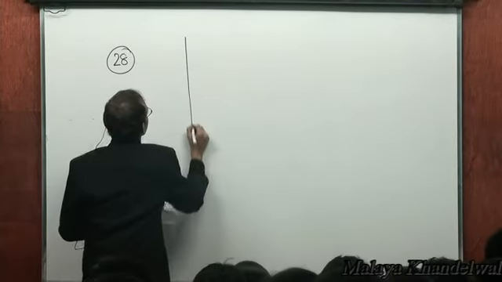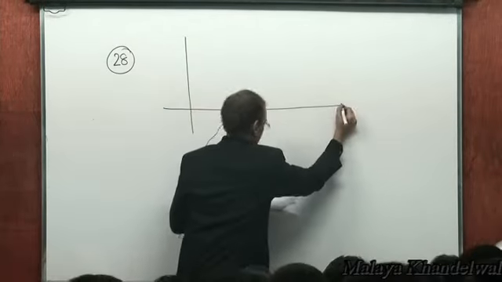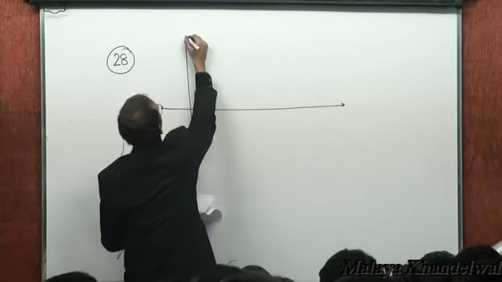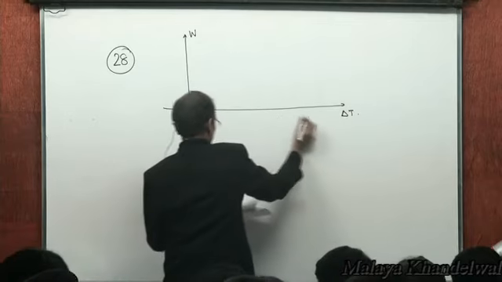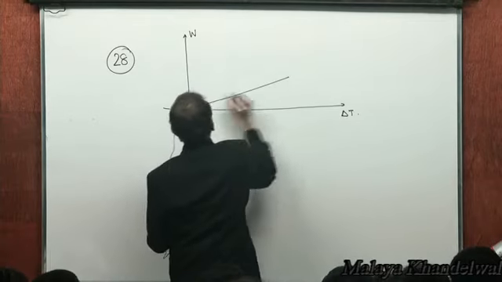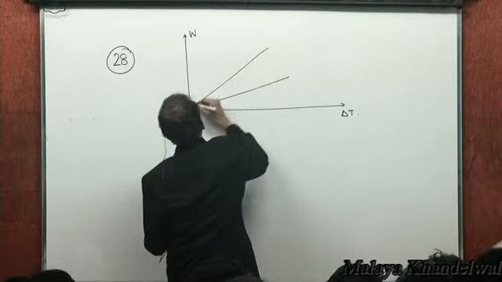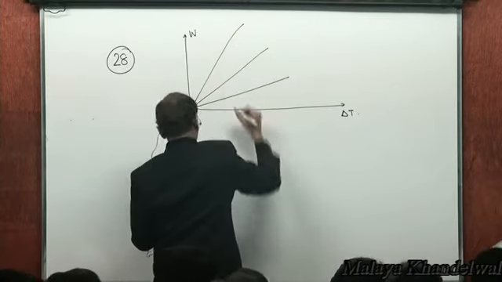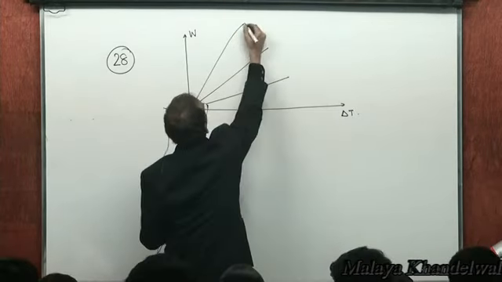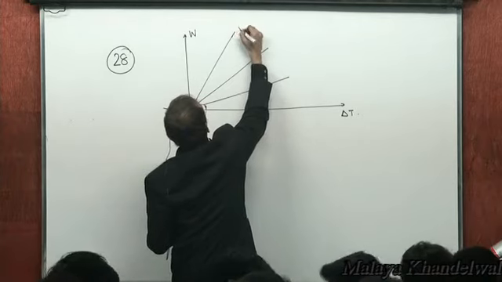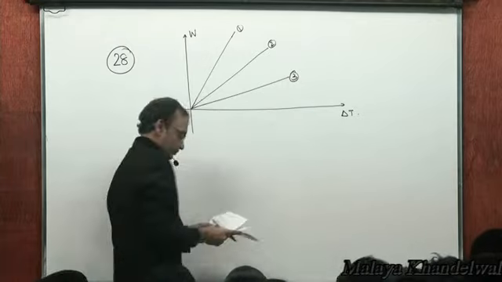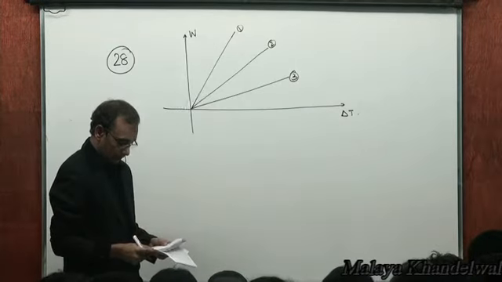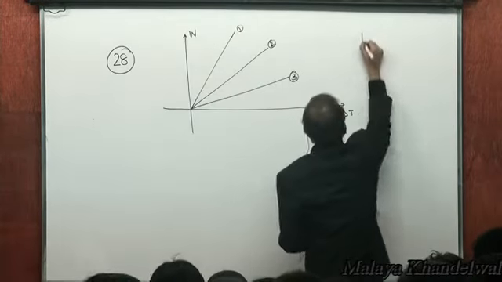What we have is a graph of work versus delta T for three things.